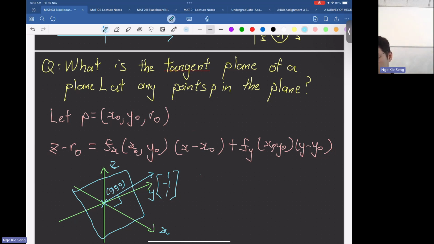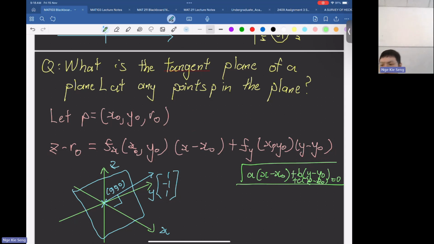So what's the plane equation then? What's the general form? a times (x minus x naught) plus b times (y minus y naught) plus c times (z minus z naught) equals 0. But now we center at 0, so we can make x naught, y naught, z naught 0.